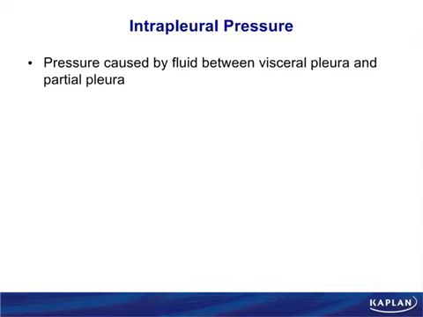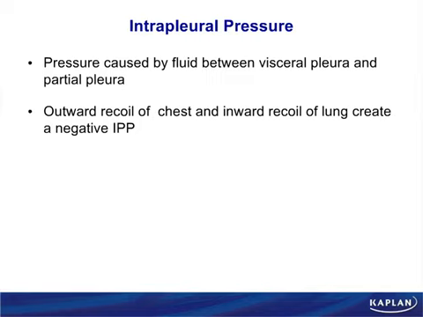All right, now the chest is pulling out and the lungs are pulling in. So that space is being pulled, so to speak. We're tugging on it inwardly and tugging on it outwardly. This creates a subatmospheric or negative interpleural pressure. We consider atmospheric pressure to be 0 because it's pretty constant if you're at a given location.